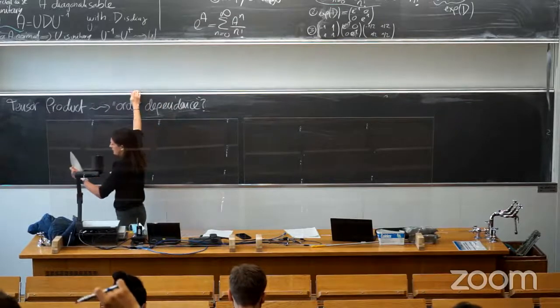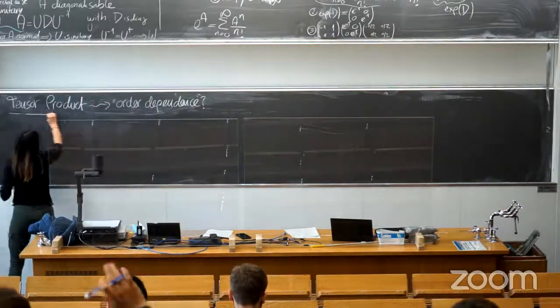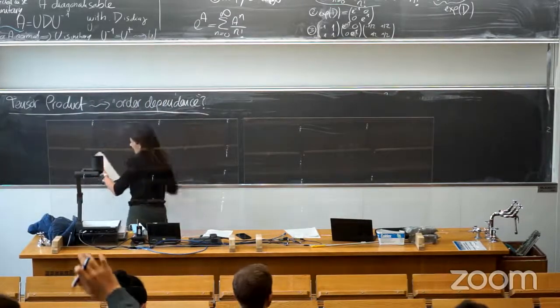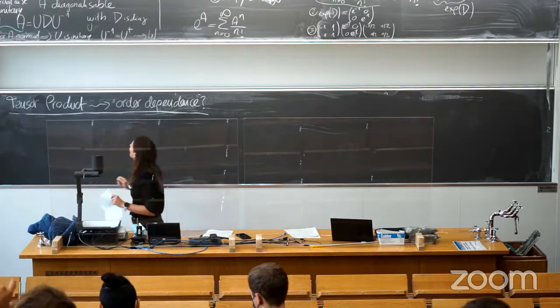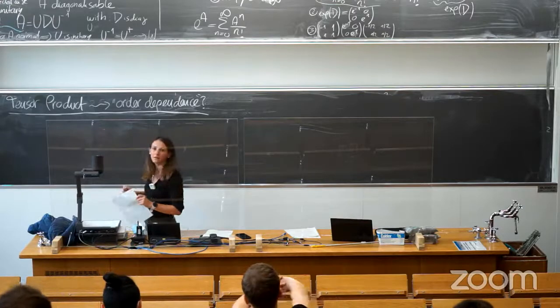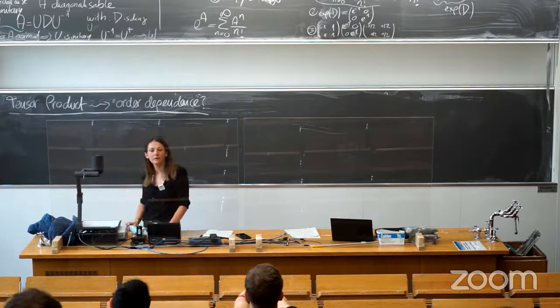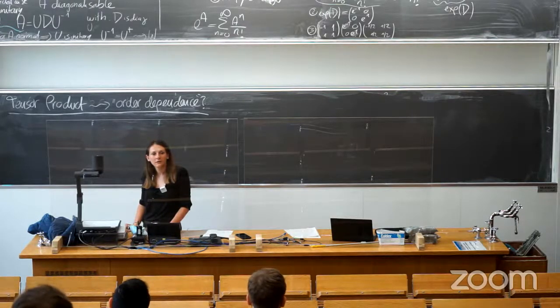So what's the idea? Quick recap. For real numbers, e to the a plus b equals e to the a times e to the b. And in general that's not true for matrices.